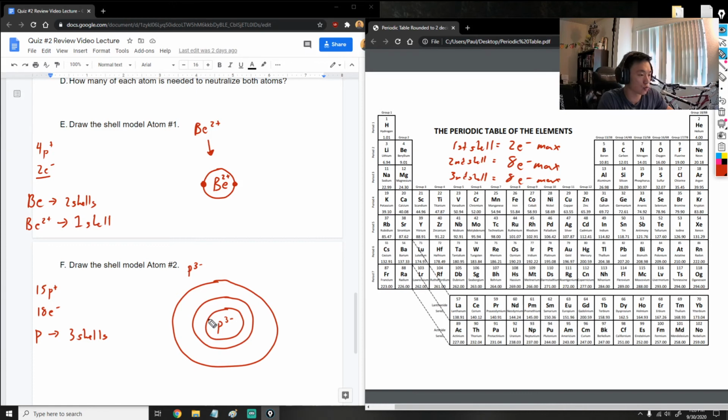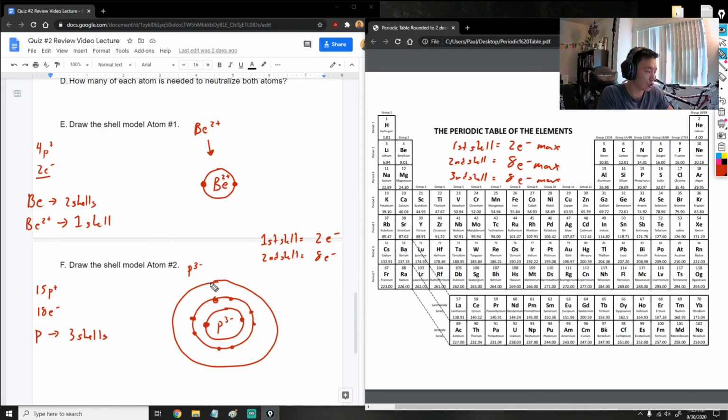Alright, so now we're going to draw the electrons, starting from the inside out. On the first shell, I'm going to draw 1, 2. So we drew 2 electrons and filled up the first shell, now we can move on to the second shell. The second shell we have 1, 2, 3, 4, 5, 6, 7, 8. We drew 8 electrons, and that maxed it out. So we've used 2 and 8, so we've used 10.